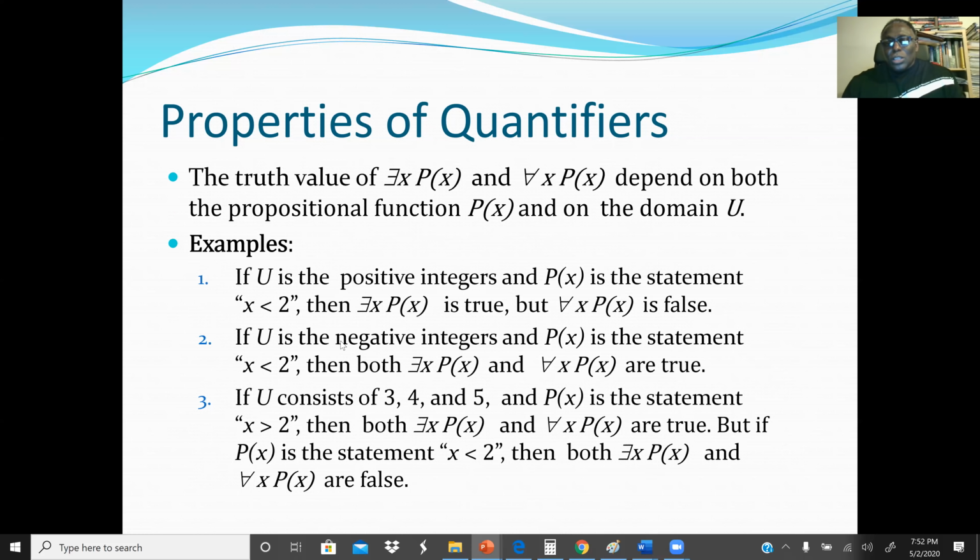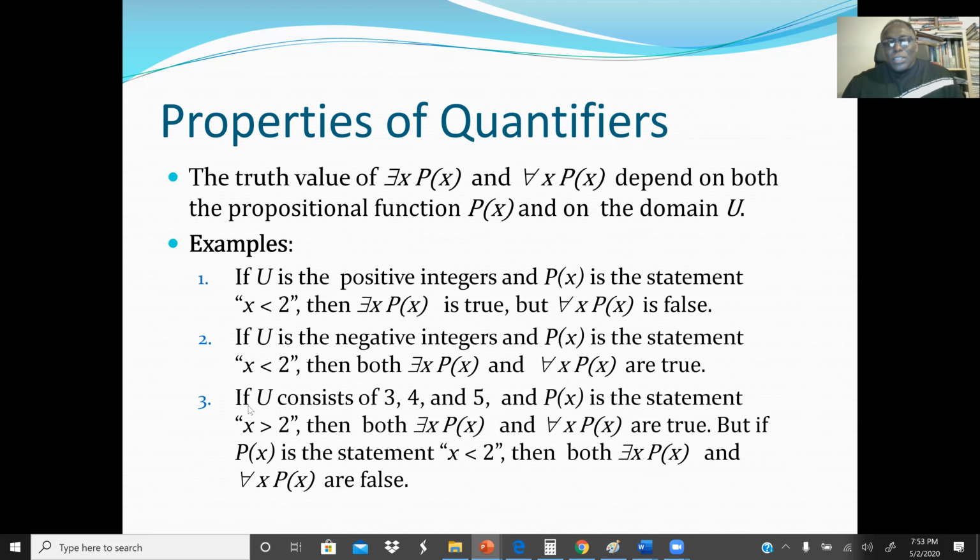Because the universal set is negative integers, so we may get any negative value. So ∃ is true, but ∀x P(x) will be false. Why is it false? Because if x is less than 2, then we have 1, we also have 0, and 1 and 0 are not negative integers. So ∀x P(x) is false. It's not true, it's false.